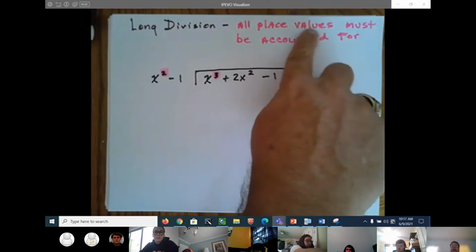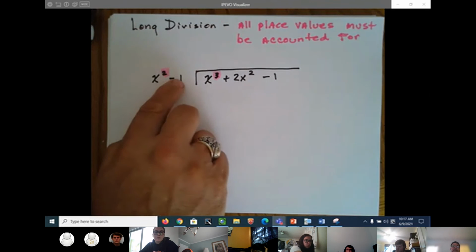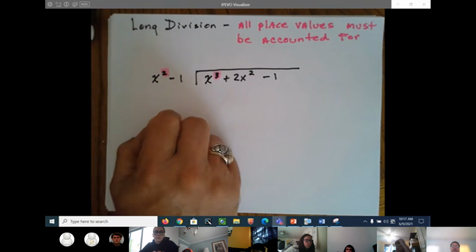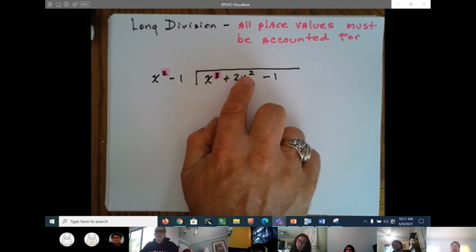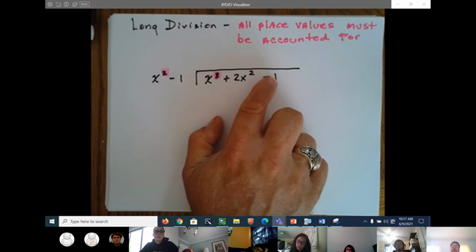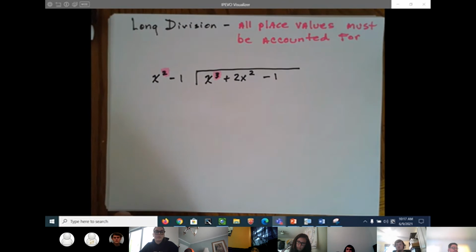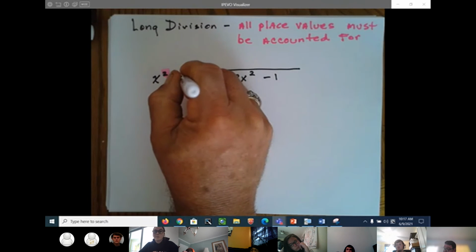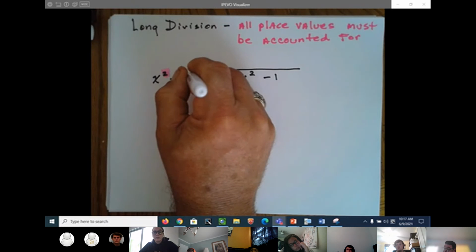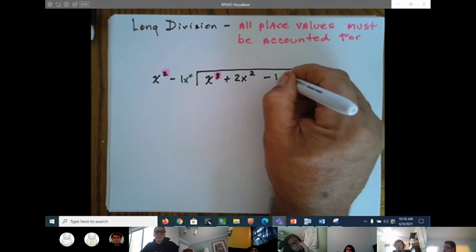Now, in order for all the place values to be accounted for, we have to go x squared, that's x to the first, and then down to x to the 0. Here, x to the third, x squared, x to the first, we need x to the first, and then this is x to the 0. You've got to remember that any constant is x to the 0. If you have a constant, that is x to the 0.